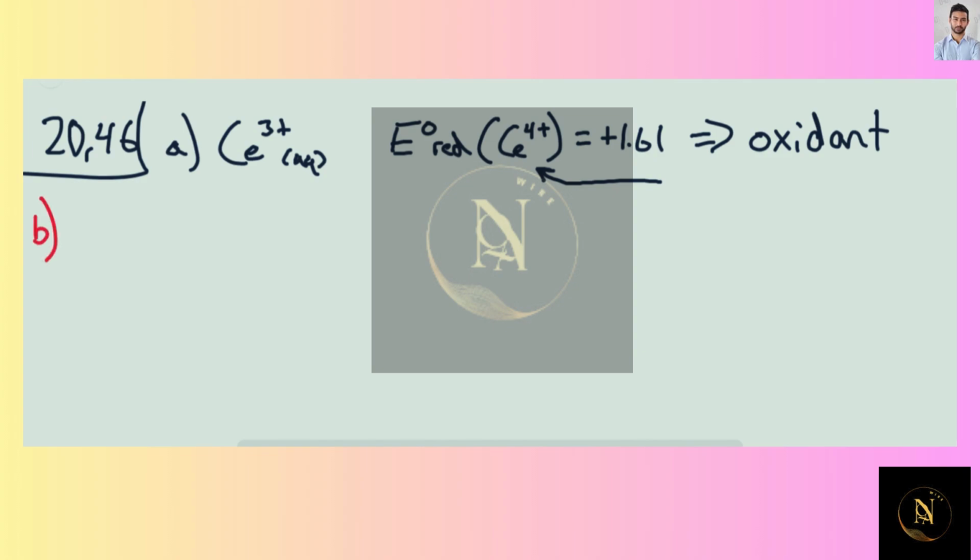In part B, we're given calcium solid. And here the reduction potential we get is for calcium 2+, and that's equal to negative 2.87.